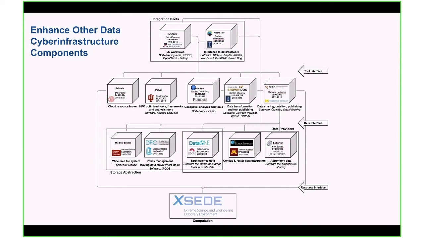Then service kind of stuff on top of it, curation tools. Brown Dog here is a transformation service. Then geospatial analysis, high performance tools for image analysis, and a storage broker for cloud resources and things like that. And these pilot projects which integrate all these things together in terms of a data infrastructure on top of that.